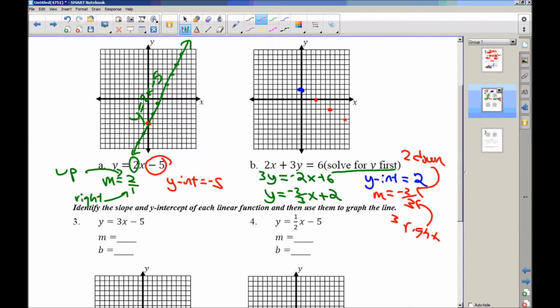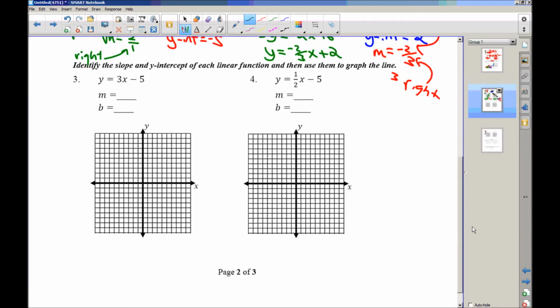I can also go in reverse, so up 2 and backwards 3, which is to the left. Okay, when I'm done, I have plenty of points to draw a nice straight line through. And we write 2x plus 3y equals 6 on it. Okay. All right.